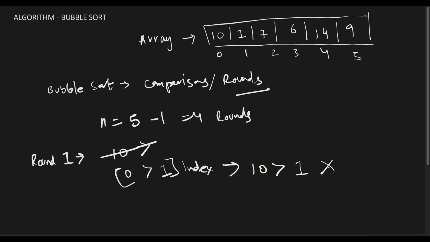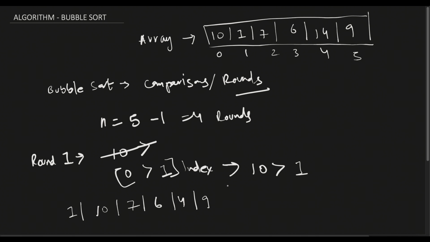Next I will be comparing if my 10 is greater than 7. Sorry, I thought it would be the opposite. So yes, 10 is greater than 1, so I will do the swapping. Here I will put 1 and 7 at my first, then 6 14 9.